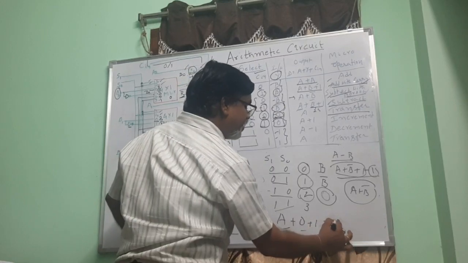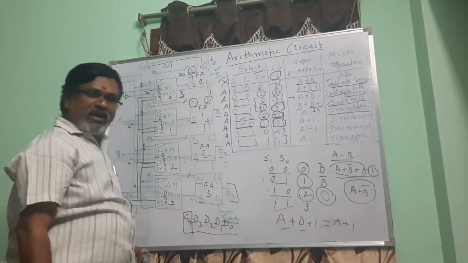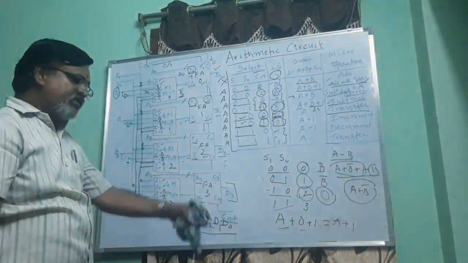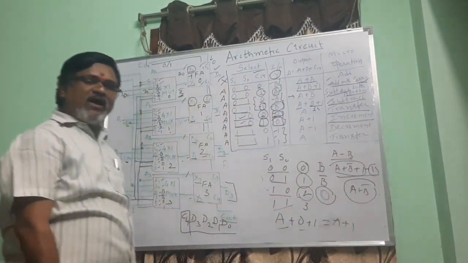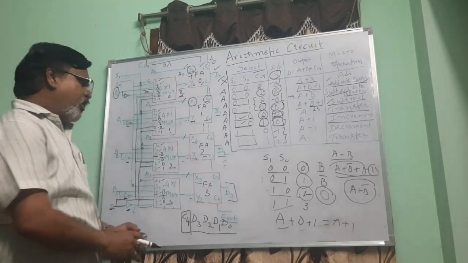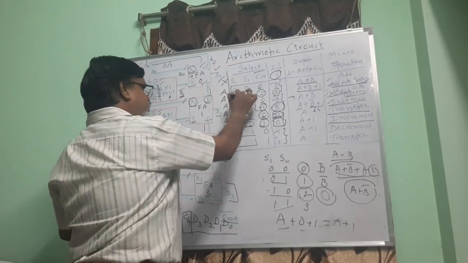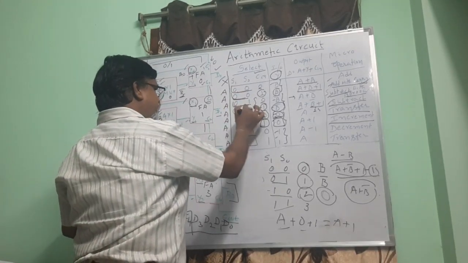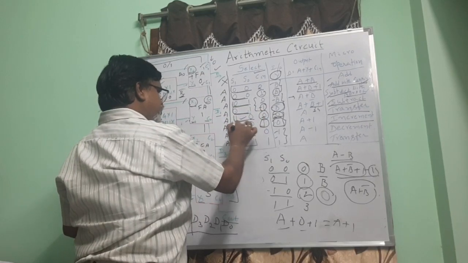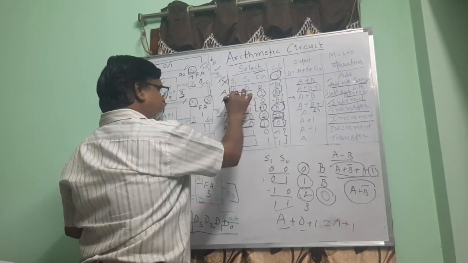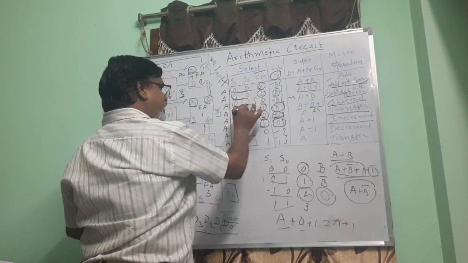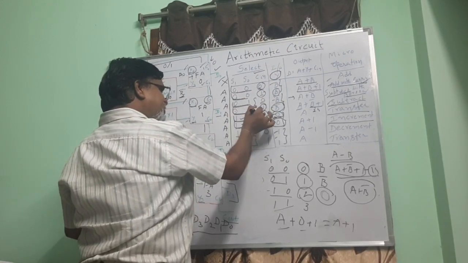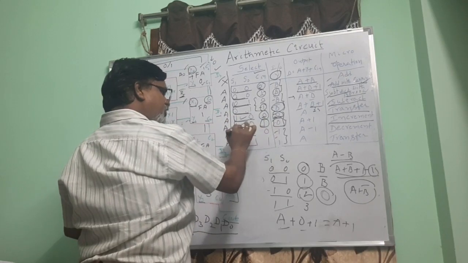This is nothing but A plus 1. So what is A plus 1? Incrementing the A value. Okay. Now 0, 0 is over, 0, 1 is over, 1, 0 is over. So 0, 0 for Cin 0 done, 0, 0 for Cin 1, 0, 1 it is 0, 0, 1 it is 1, 1, 0 it is 0, 1, 0 it is 1.